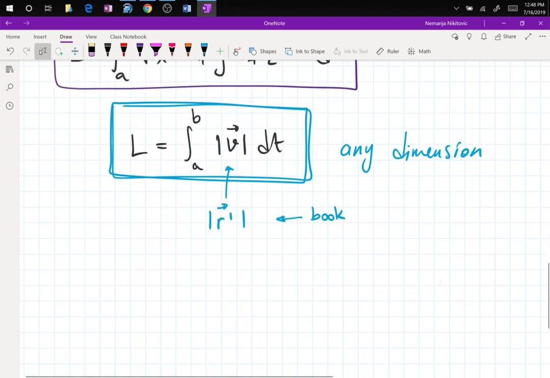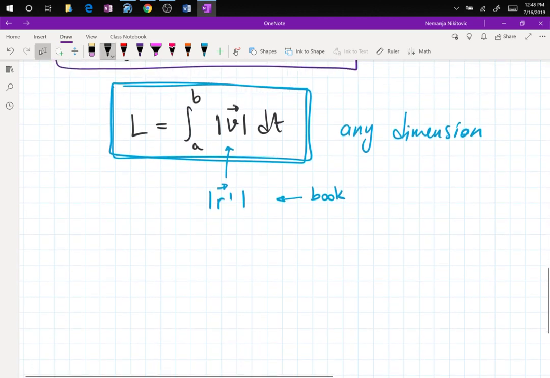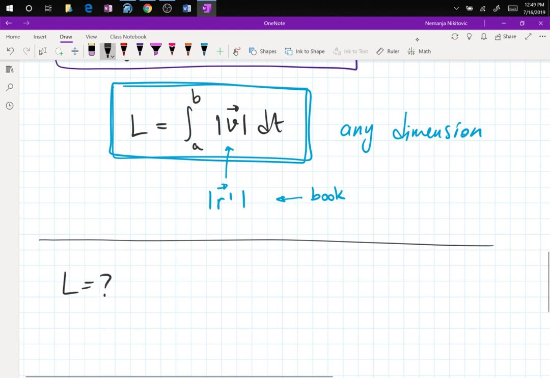And now we are going to take a look at the example for this. So let's say that you would like to calculate the length of the curve for 1/8 of the circle. So what is L for 1/8 of the unit circle?